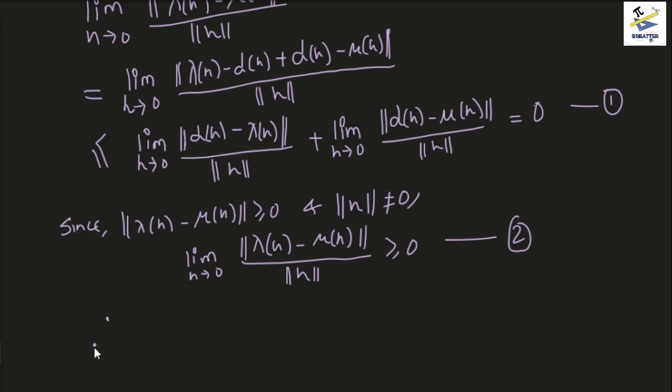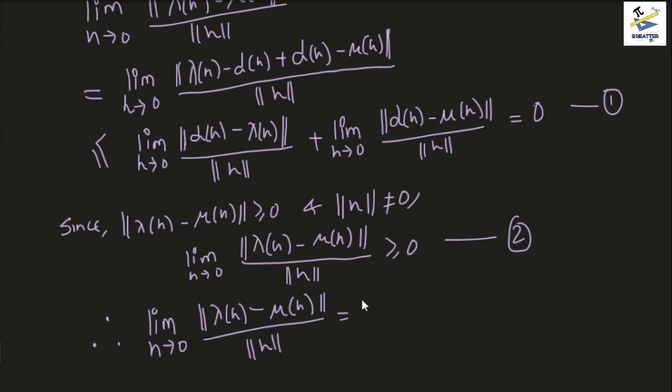Therefore, this gave us the norm of lambda h minus mu h divided by the norm of h, when h tends to 0, is equal to 0. Now this is true for h, right? So this limit goes to 0.